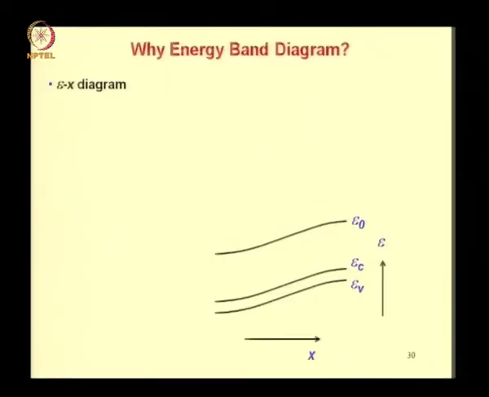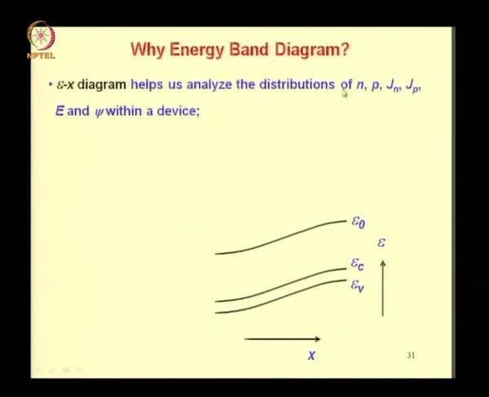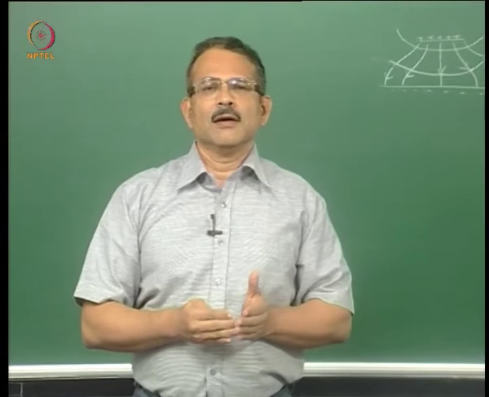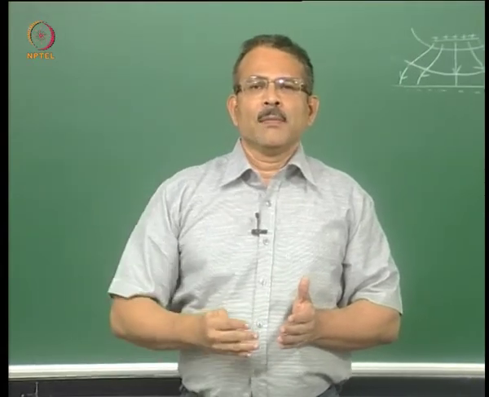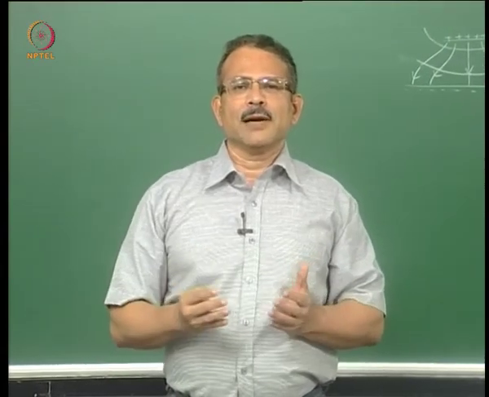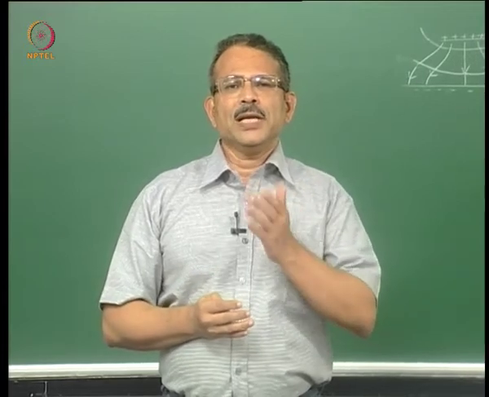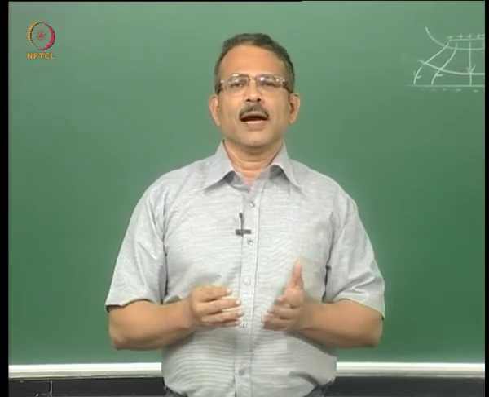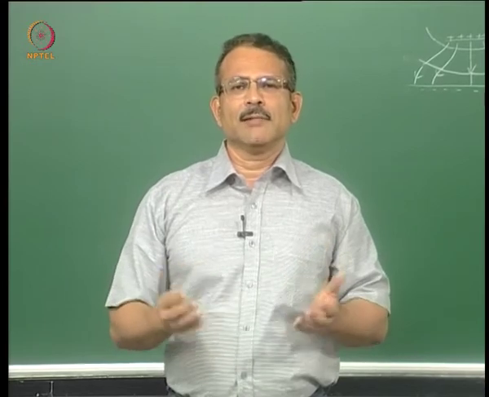Let us look at EX and EK diagrams separately. The EX diagram, such as the one drawn here, helps us analyze the distributions of electrons, holes, electron current density, hole current density, electric field and psi within a device. You would recall that in earlier modules we have said that we can understand everything about a device if you know n, p, Jn, Jp, E and psi as a function of space and time within a device.